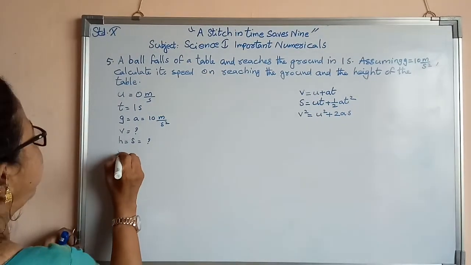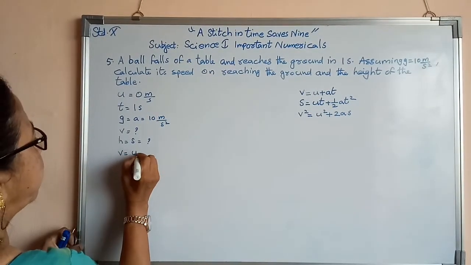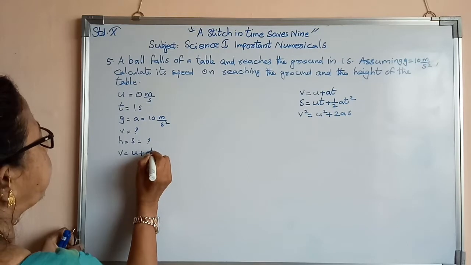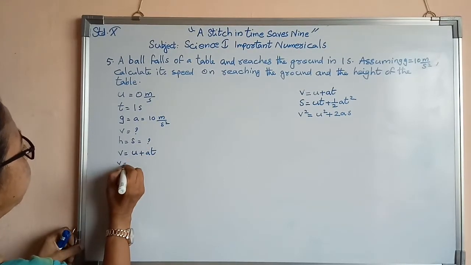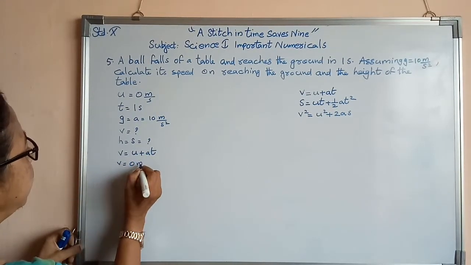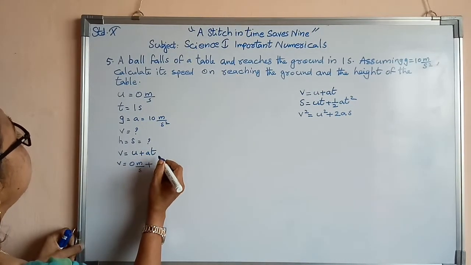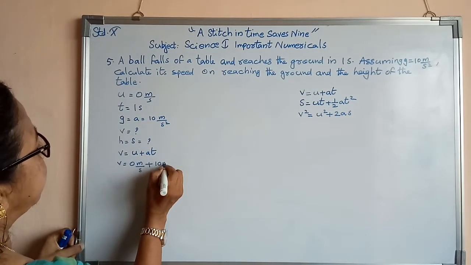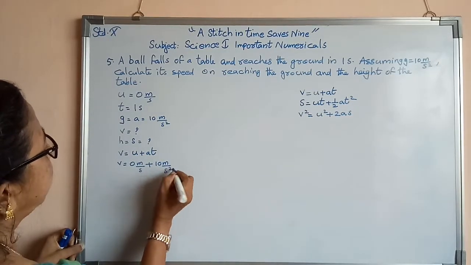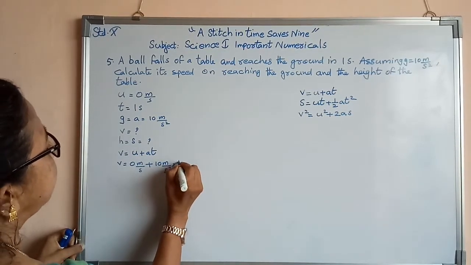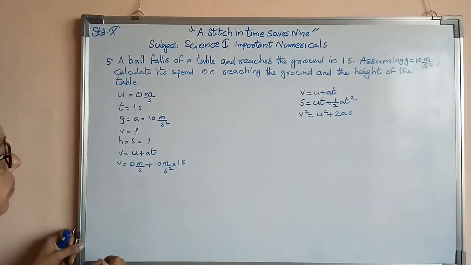So here now v is equal to u plus at. V is equal to u, that means 0 meter per second, plus a, that means g, that is equal to 10 meter per second square, into t. T means 1 second.